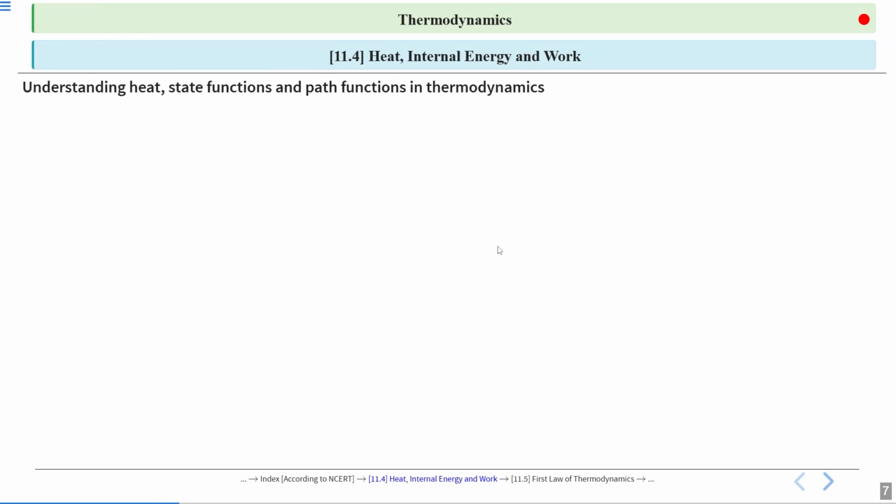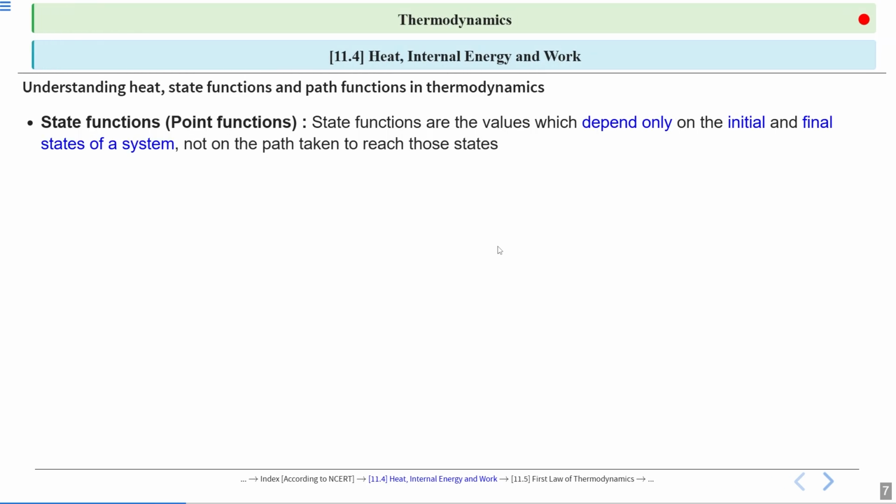Now, state functions. Here we have two functions. First, path functions. Second, state functions, or we can say point functions. Point function means initial point and final point. So basically, state functions are the values which depend only on the initial and final states of the system, not on the path taken to reach those states.